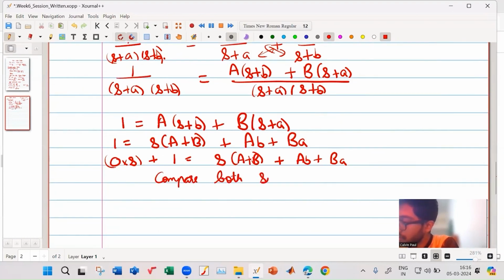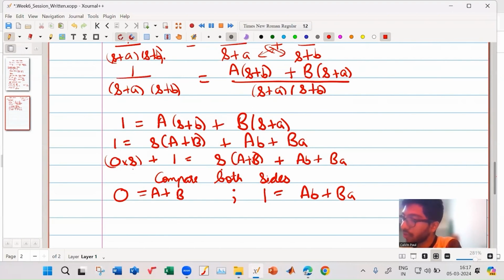So what are we comparing? We are comparing s and s. What are their coefficients? The coefficient of s over here is 0 and here the coefficient of s is A plus B. This is one equation. There is another equation: the constant terms, 1 is equal to A into b plus B into small a.